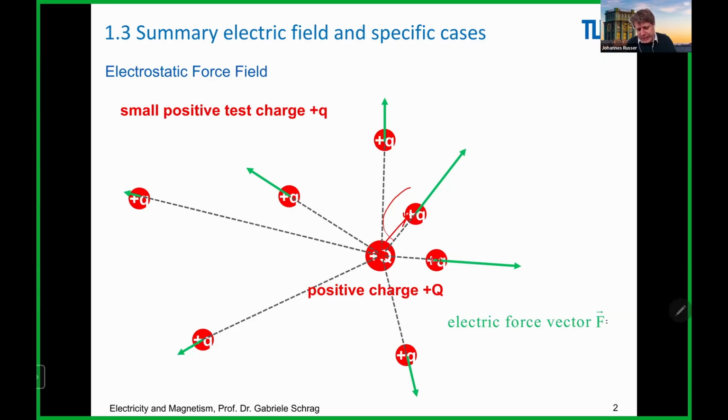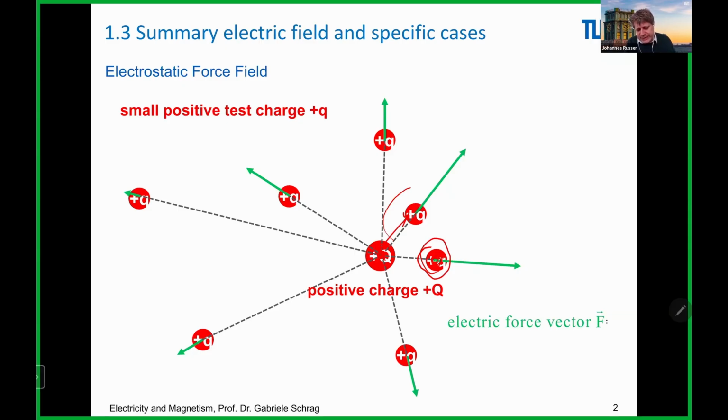So if you have a very long vector, that means at that particular point, if you look here at this test charge, your test charge is very close to the positive charge that you have located. According to Coulomb's law, which states that the force by magnitude is inversely proportional to the distance squared of these two charges, because they are very close to each other, you will also have a very large force contribution.